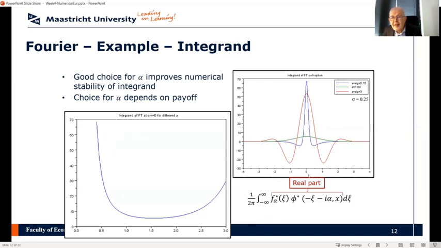So I only take half this function and I'm just integrating over the positive parts. But then, of course, I've taken only half of the function, so I have to multiply this by 2. And then you often see a Fourier inversion integral where you just say, I take 1 over pi, and then the integral from 0 to infinity. And you can then exploit the symmetry that you have in this integrand here.